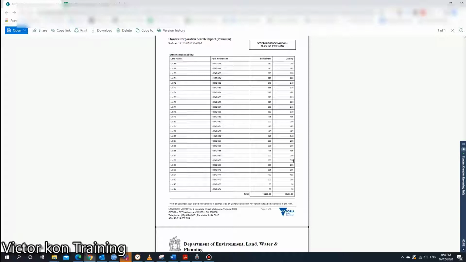In that huge building, it has a total of 19,490 units of liability. I punch in 350 divided by this amount, and it works out to be 0.017, times it by 100. So that's your percentage of ownership.